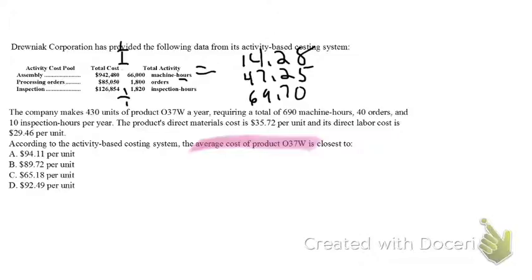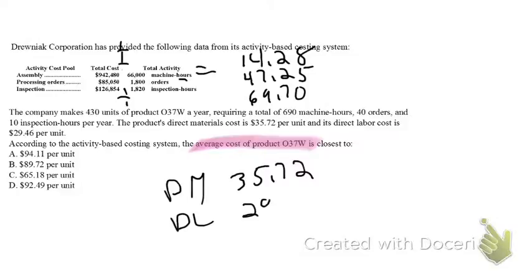So those are my costs. Keep in mind, the only thing I allocate is overhead. So the direct materials is 30, and I'm looking for the cost per unit. So my cost per unit is $35.72 for direct materials. My direct labor is $29.46.